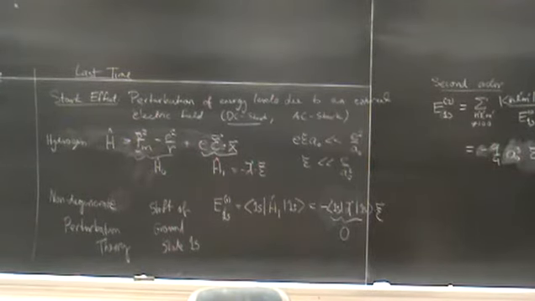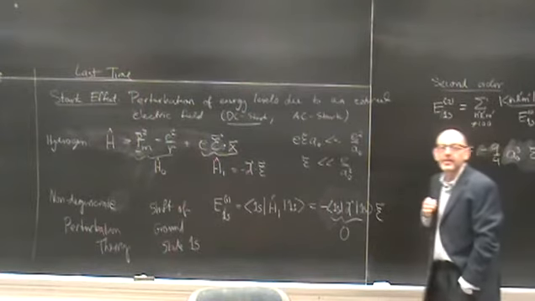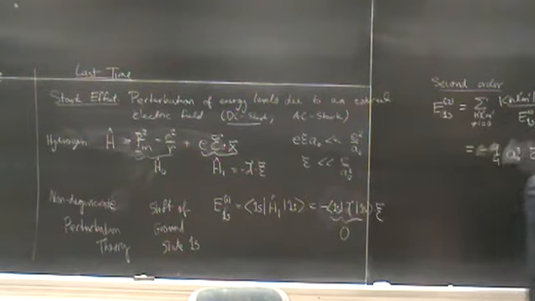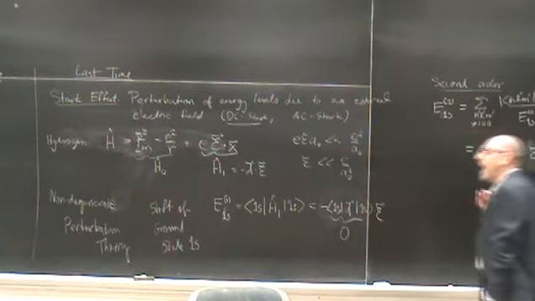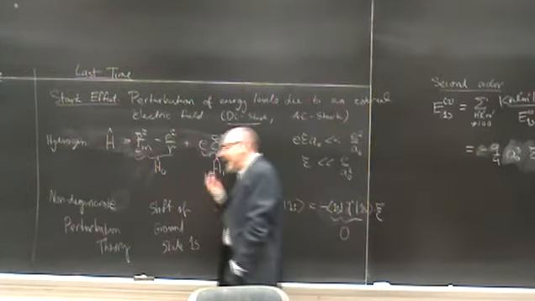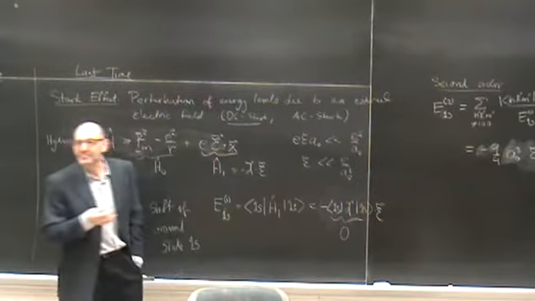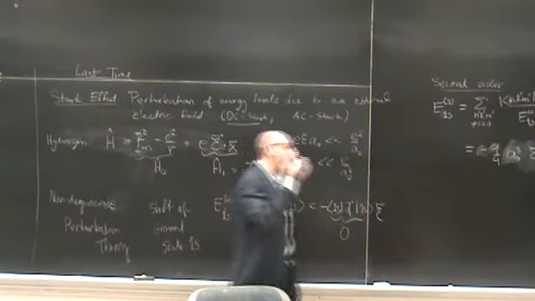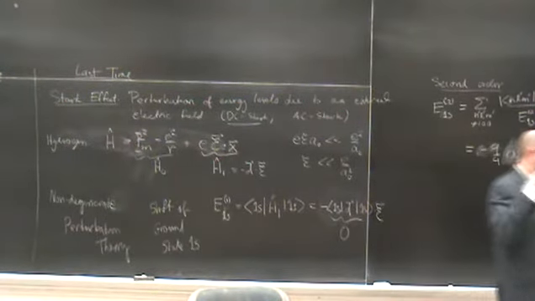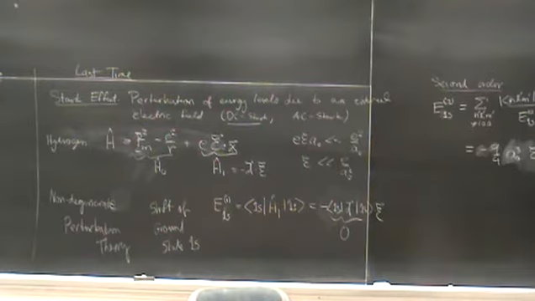In your homework, you're looking at the case of what we call the AC Stark effect, where we're applying oscillating fields. That's actually in general a much more complicated problem. We're talking here right now about time-independent perturbation theory, where we have some Hamiltonian that is independent of time.